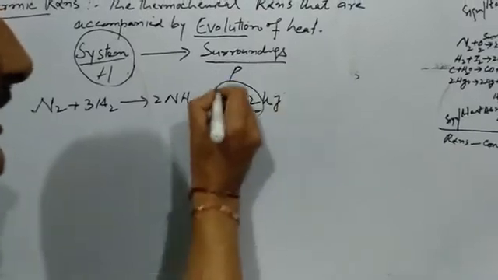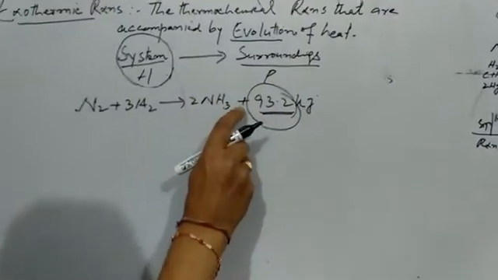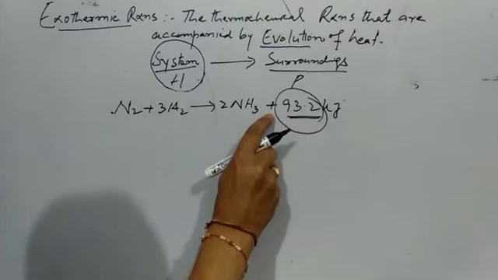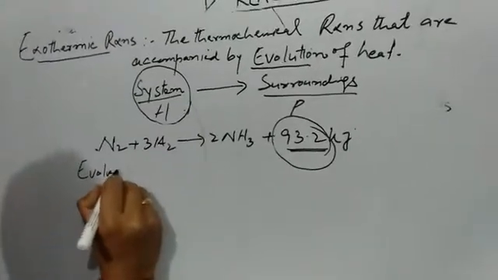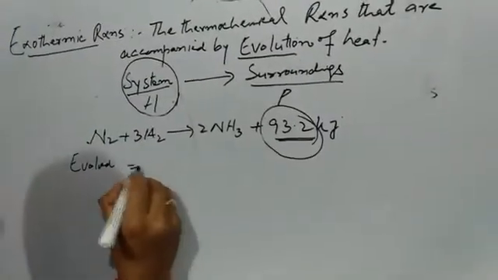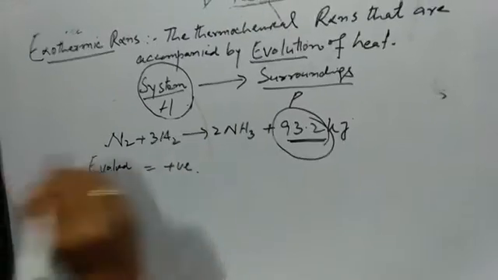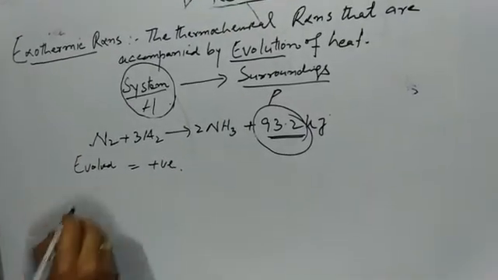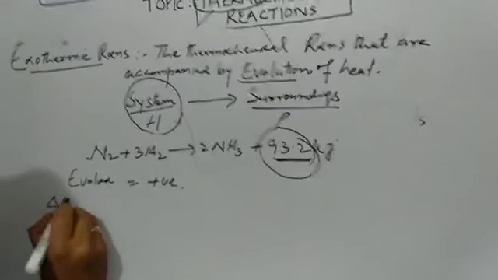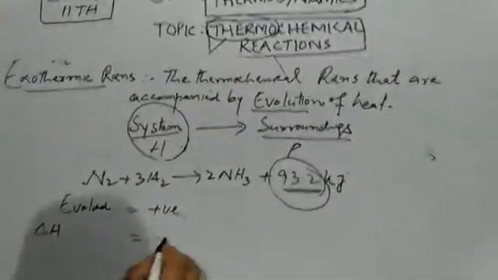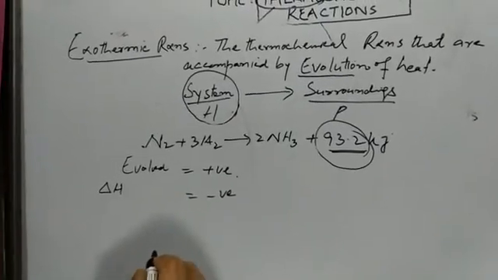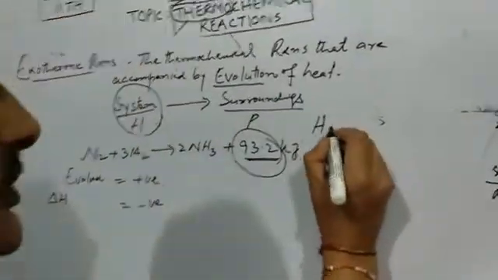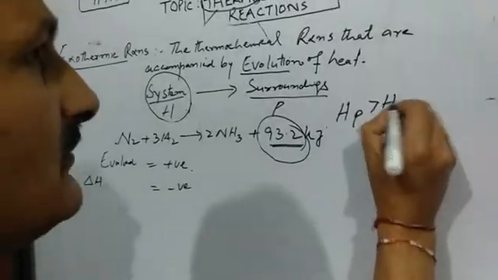So heat evolved has been given a positive sign. Always remember that heat evolved during an exothermic reaction is given a plus sign. But delta H, that is change in enthalpy, is always negative. Why is that? Because heat of products, as I just told you, is greater than heat of reactants.